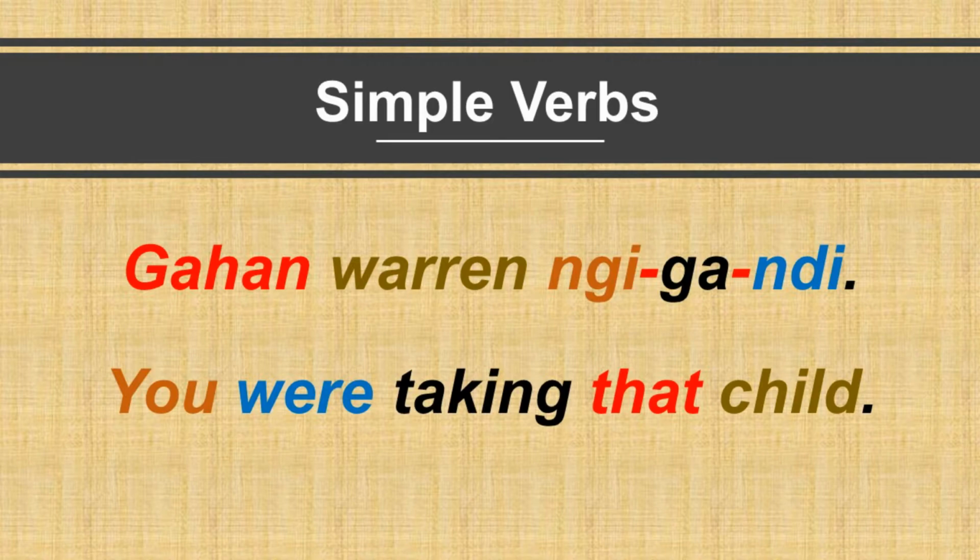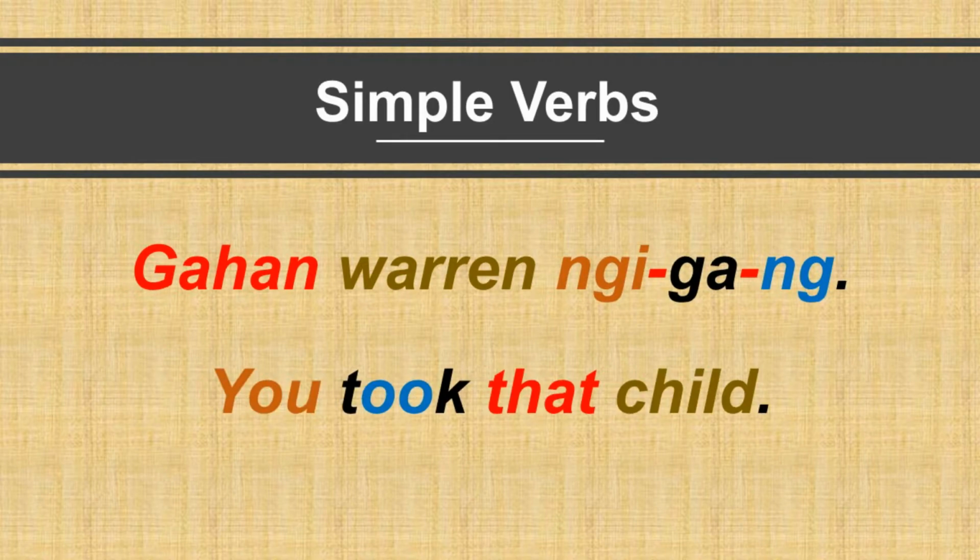So this is you were taking that child, but if you wanted to say something like you took that child, so it was completed in the past, gaan waren ngigang. You can see that the prefix for you is still the same, but now the suffix has changed.